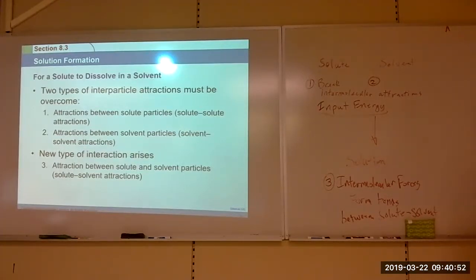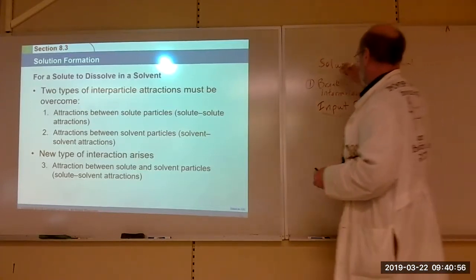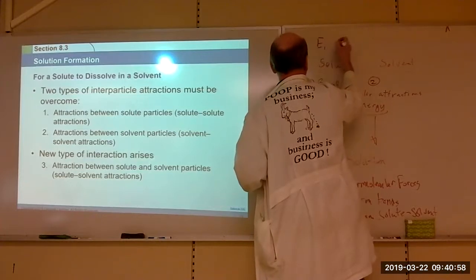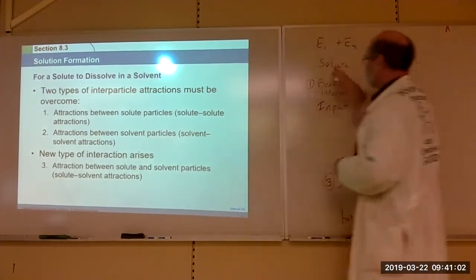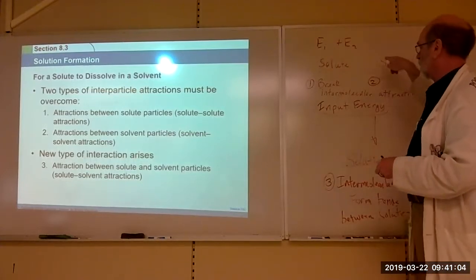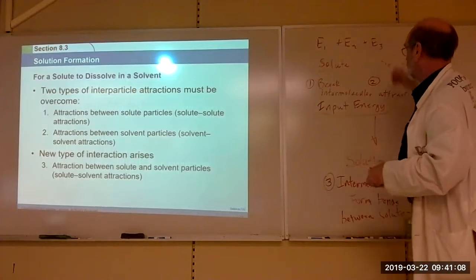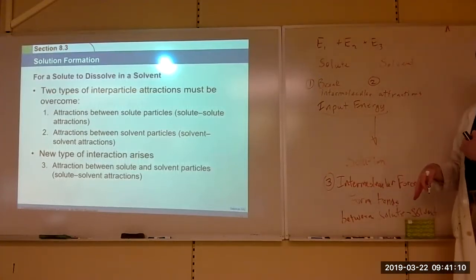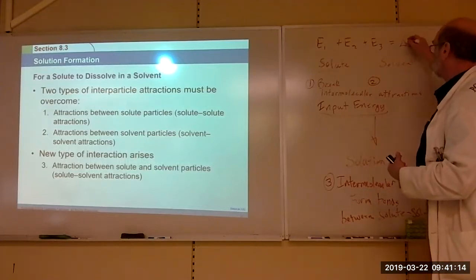We'll call this E1 plus E2, input energy here, here, and here to break those bonds apart. And then E3, you get some of that energy back. And that equals the overall change in energy.